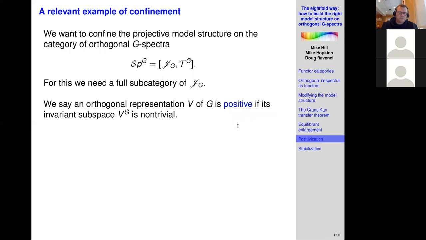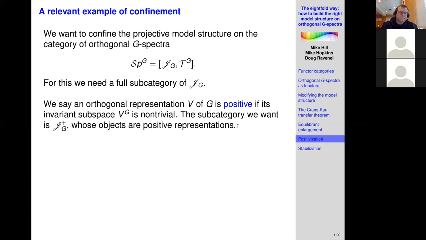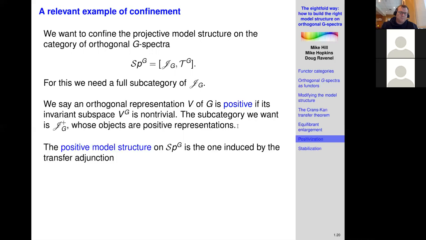For example, if the group is C2 and the representation is the one-dimensional sign representation, the only vector there that is fixed by the group is the zero vector. So that is not a positive representation. Anyway, a representation is positive if the invariant subspace is non-trivial. So I want to consider the full subcategory of J_G in which the objects are positive representations.